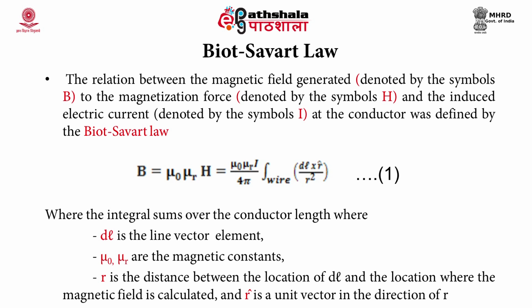Here the integral sums over the conductor length, where dl is the line vector element, mu 0 and mu r are the magnetic constants, r is the distance between the location of dl and the location where the magnetic field is calculated, and r cap is a unit vector in the direction of r.